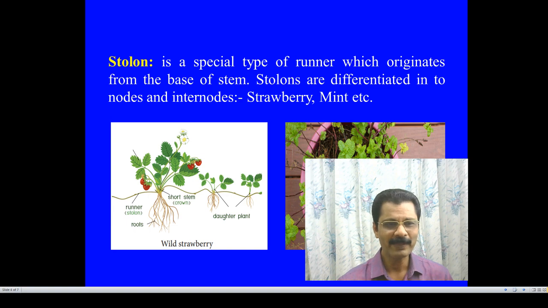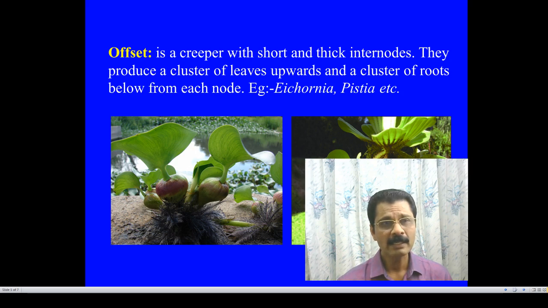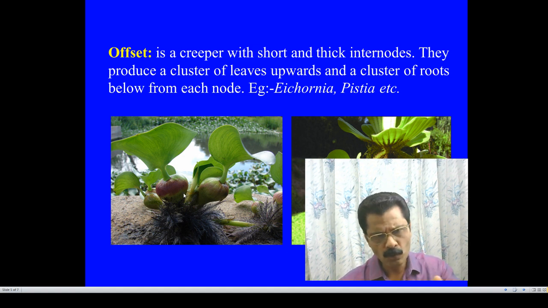Could you follow me? Then the third one is offset, and it is in aquatic plants. And here the internodal portion is thick and stout. And this plant, especially Eichhornia, otherwise called water hyacinth, and pistia, grows on the surface of water, that is, floats on the surface of water. And the branchlets or the branches arise from each node in all directions.